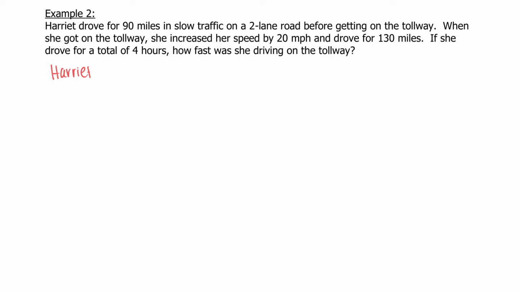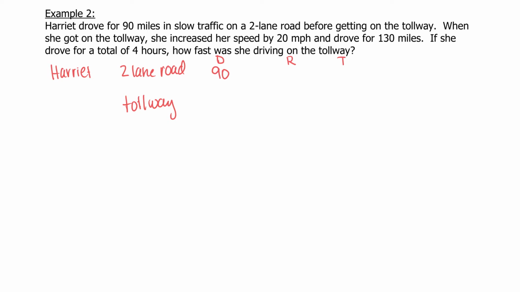and she was driving on a 2-lane road, and then she was also driving on the tollway. And let's do our distance, our rate, and our time. On the 2-lane road, she drove a distance of 90 miles.